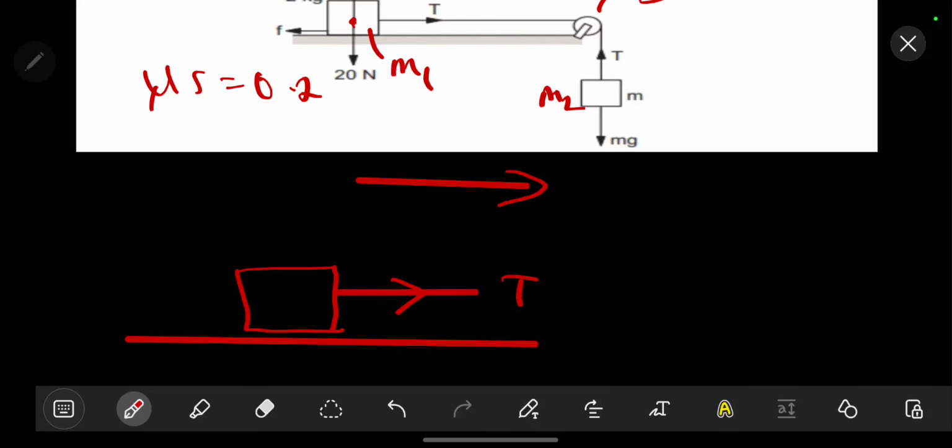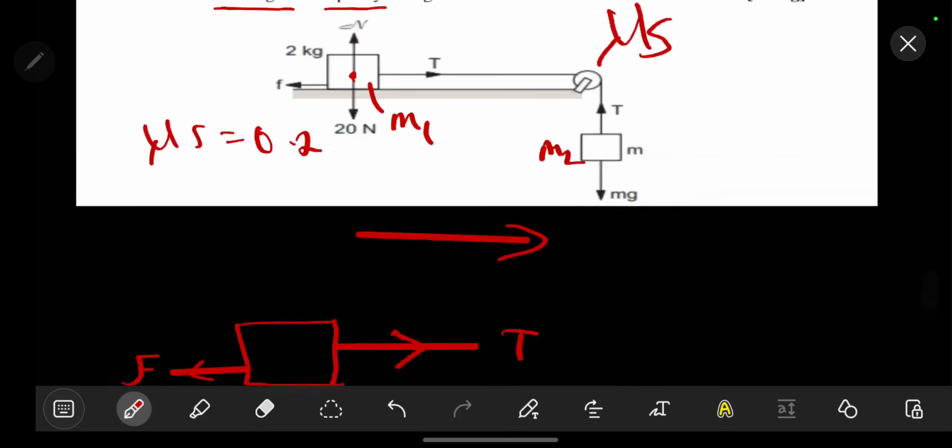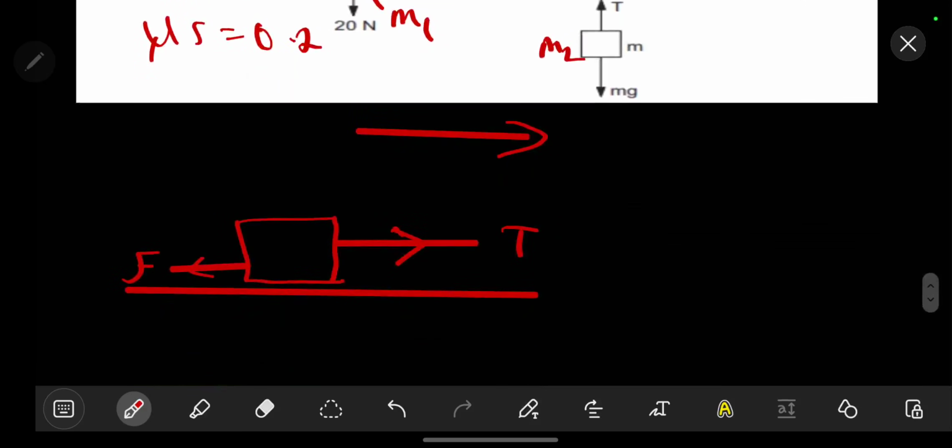Friction is the force that causes resistance between two bodies in contact. So if there is a rope trying to pull this direction, it means to say the friction will be acting in the opposite direction like that. So this will be our friction like that. So this is our friction.